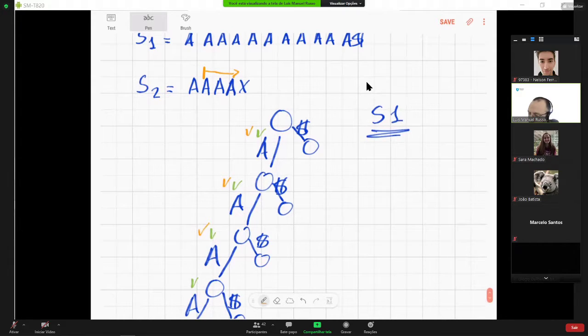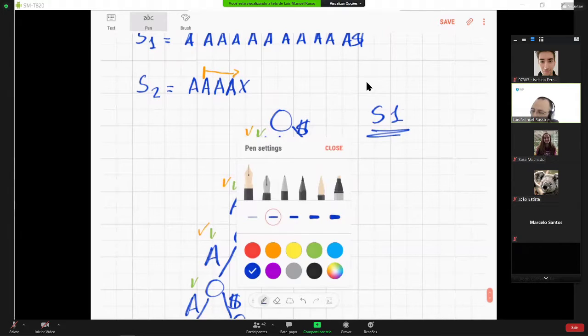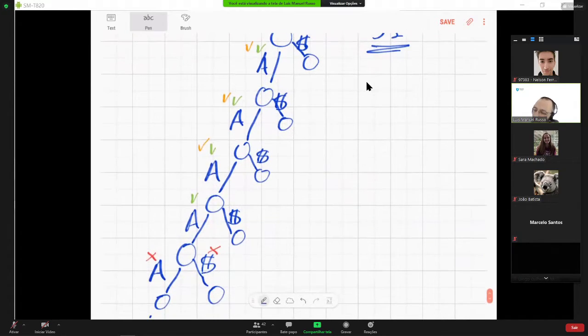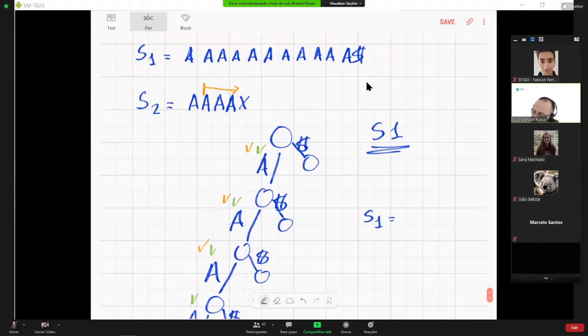So we can think what's the time to find the longest common substring in this family of strings. Okay, so basically you have a bunch of A's. So suppose I have n A's and then a $, and then for my pattern, I have basically m A's and then an X, right?